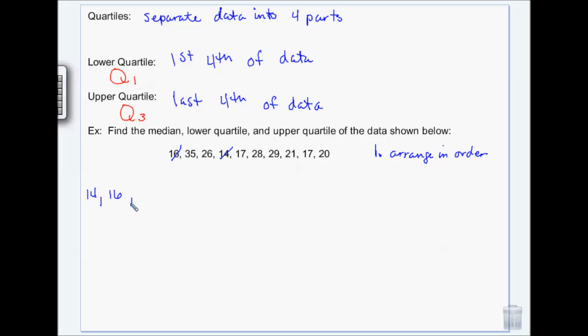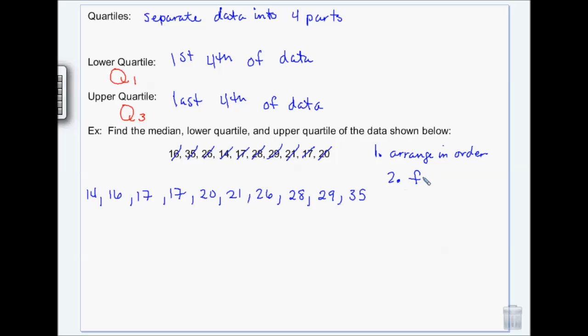Then I have 16, 17, 17, 20, and then 21, 26, 28, 29, and 35. Okay, so we've arranged in order.